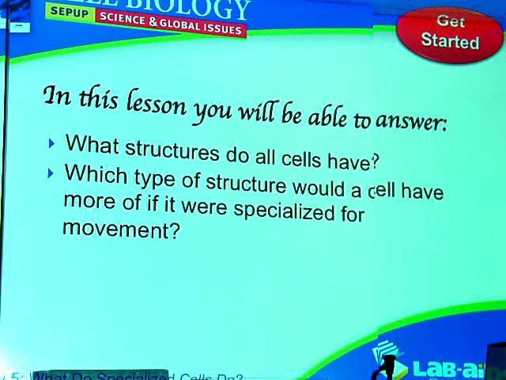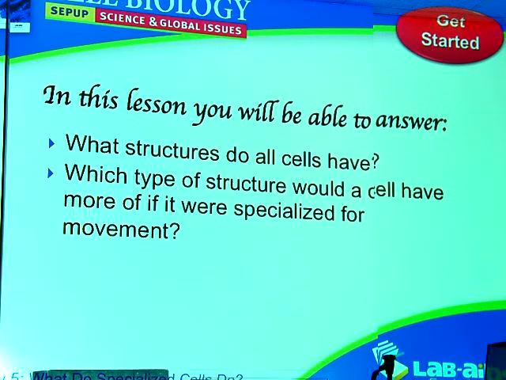In addition, you're going to be able to say what structure a cell would have more of if it were specialized for movement. What does the word specialized mean? What it's made specifically for. And it must be structured in a particular way to do a specific what? Job or function. Very good.